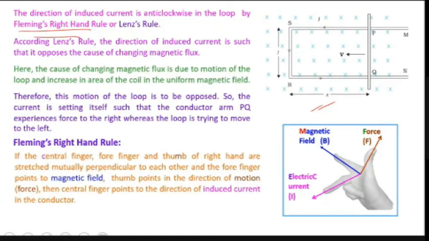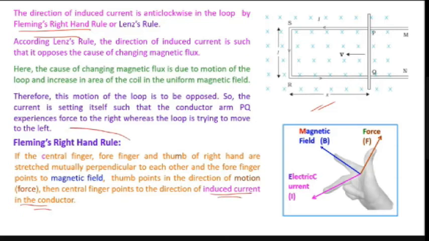If the central finger, forefinger and thumb of the right hand are stretched mutually perpendicular to each other, and the forefinger points to the magnetic field, the thumb points to the direction of motion, then the central finger points to the direction of induced current in the conductor.